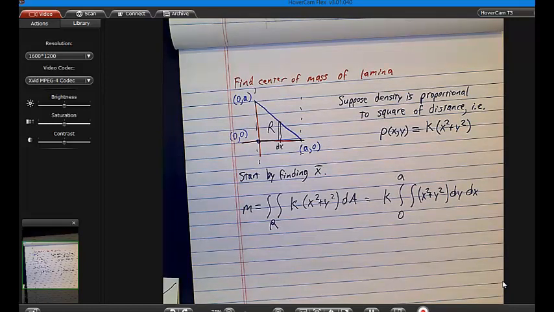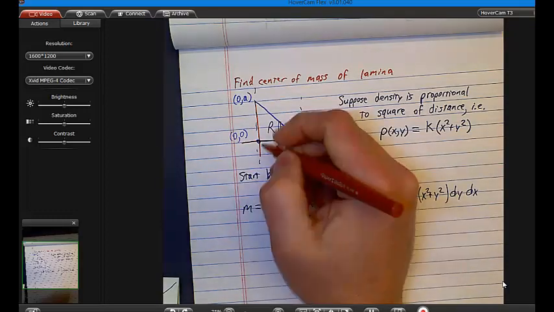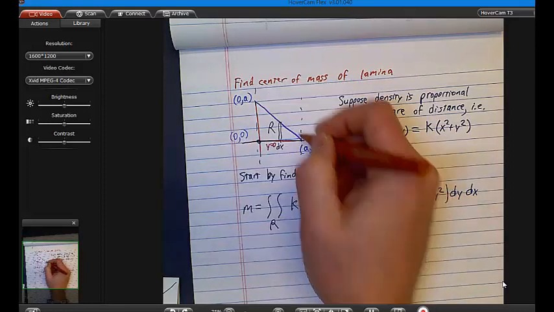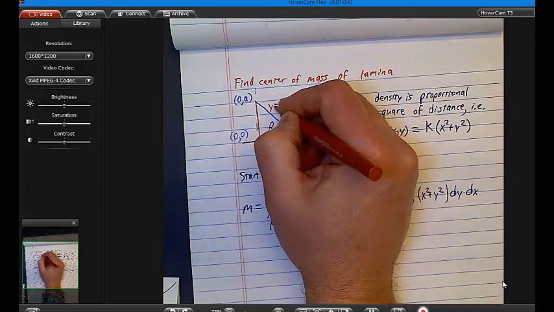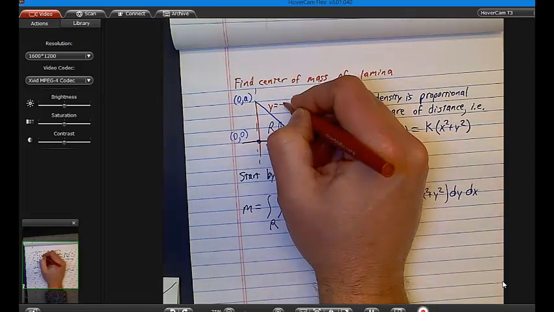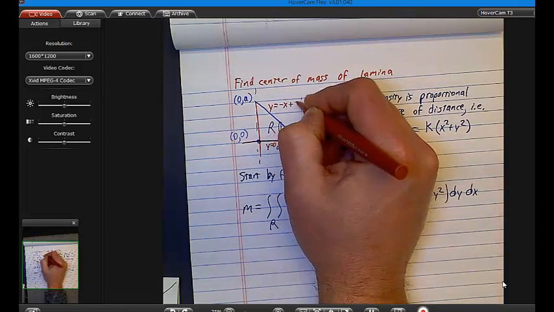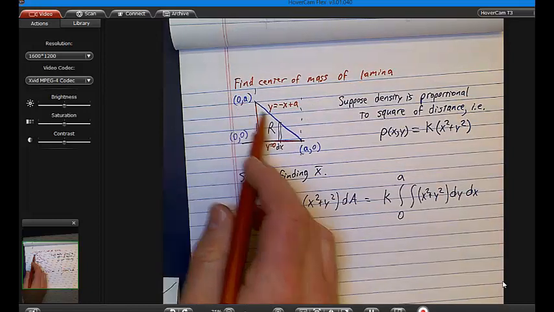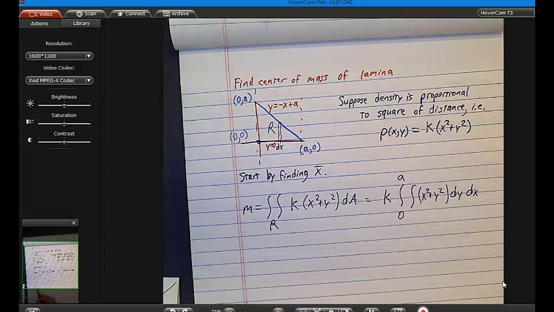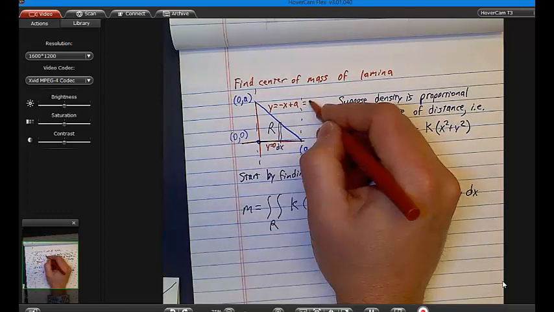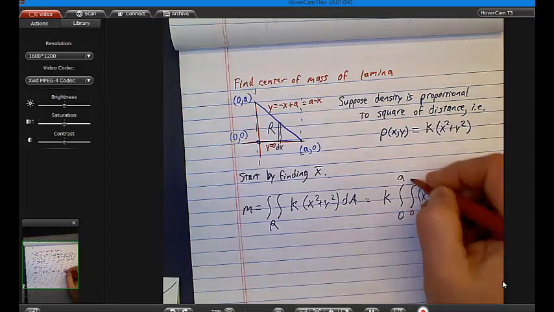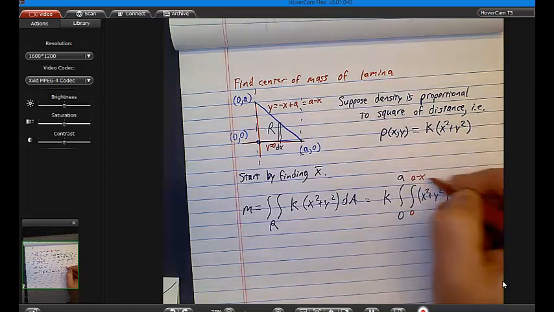Down here we have y equals 0, and up here this blue line would be y equals negative x plus a, right? Because it's a negative 1 slope. Or I could write it as a minus x, depending on how you like to write it. So we're going from 0 to a minus x there.